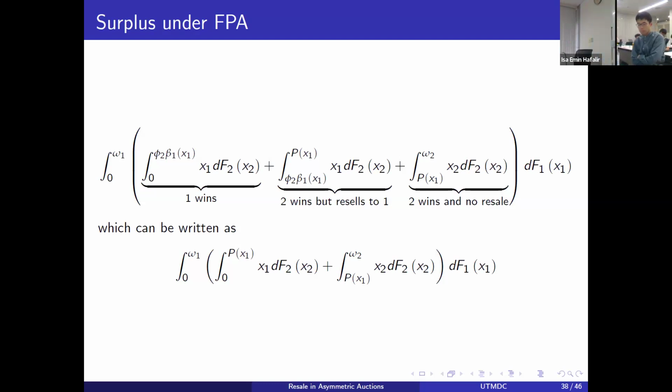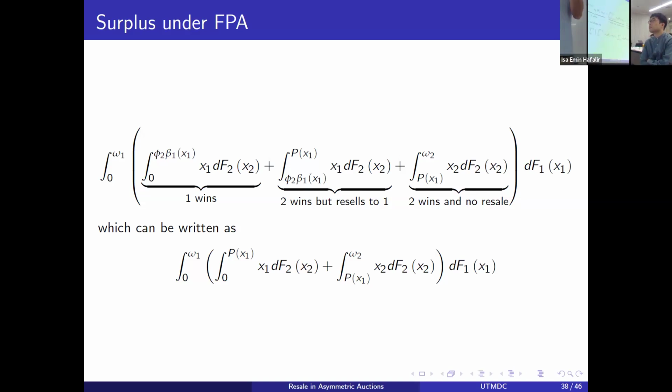Again, the variable here is x1, which is the strong bidder. Whenever 1 wins, there is no resale, right? So this is the condition in which 1 wins and there is no resale. And now when 2 wins, there are 2 parts.